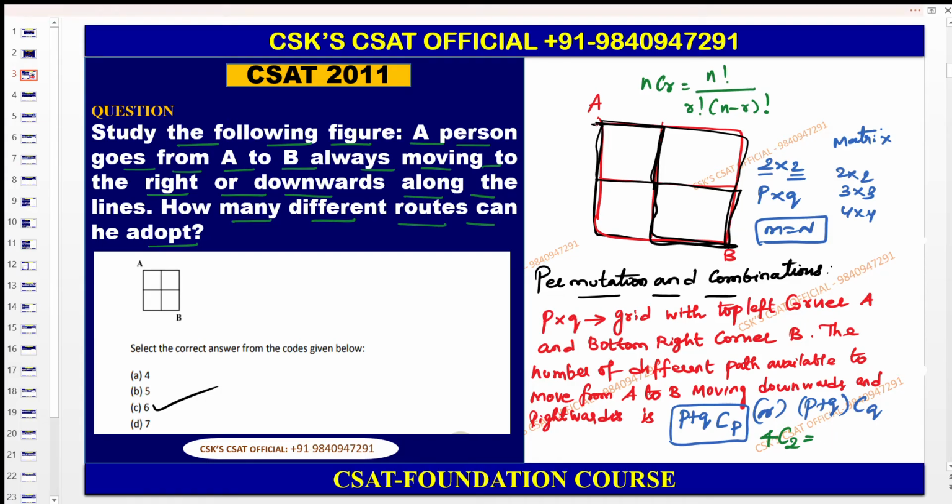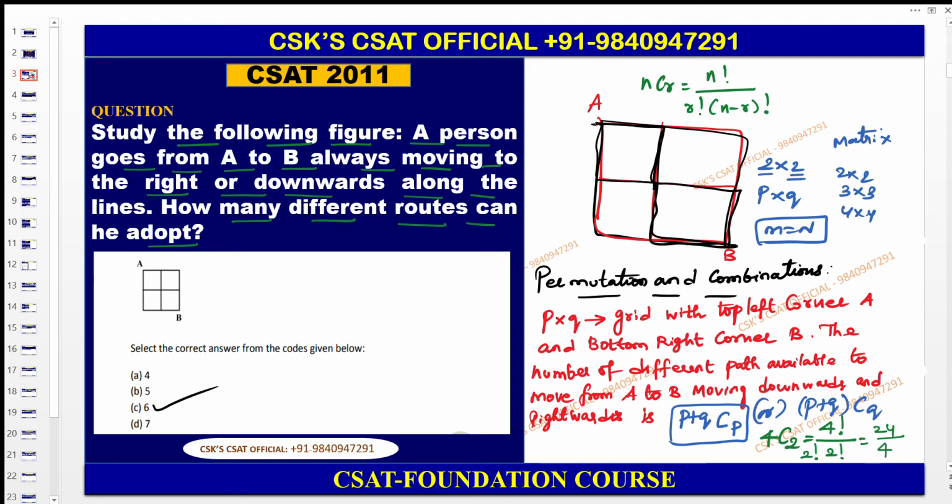Suppose you people don't know these things, then you can use this one, 4 factorial by r factorial, r is nothing but 2 factorial, again n minus r, so again 2 factorial. So 4 factorial is 24.